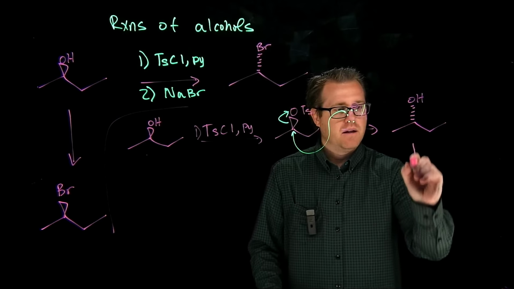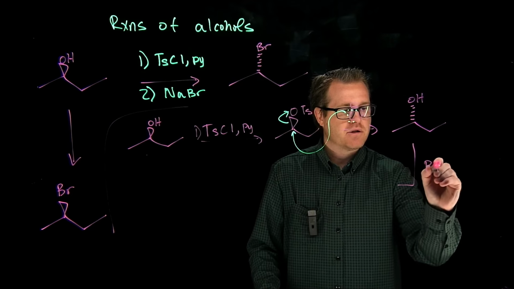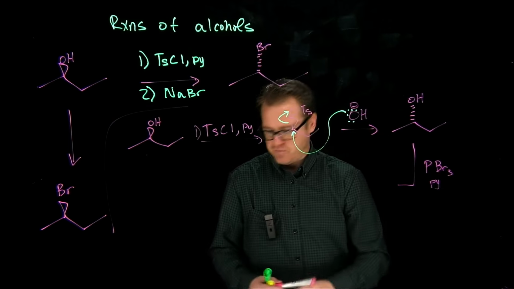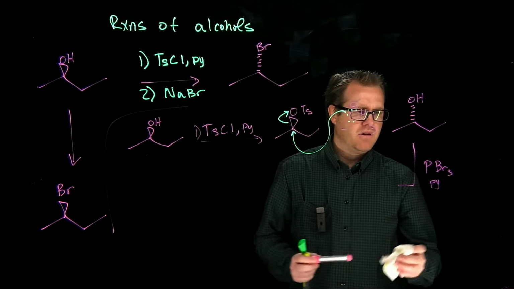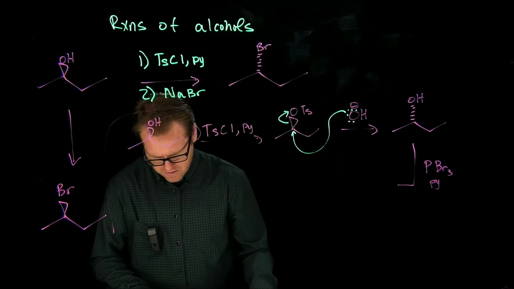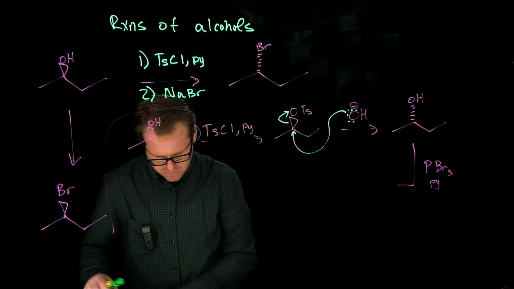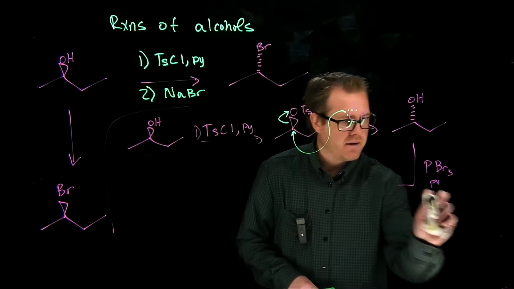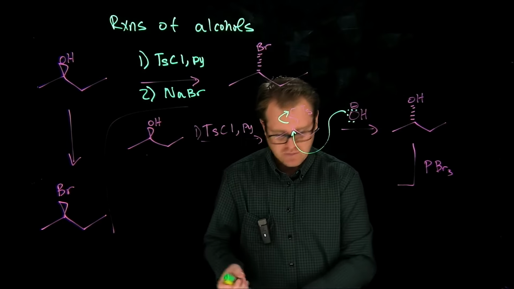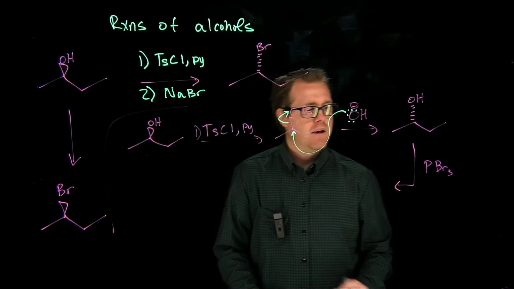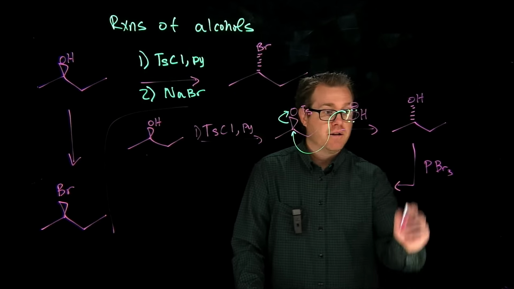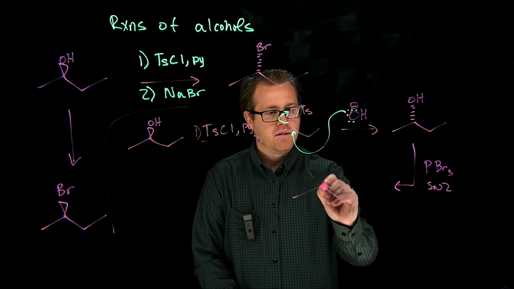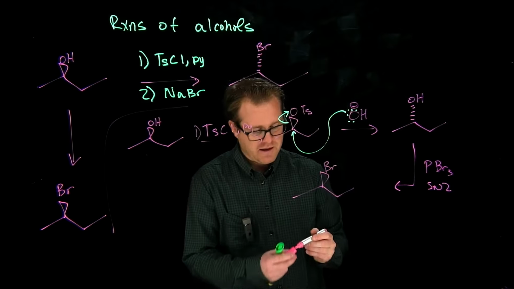And then if we treat that with phosphorus tribromide, we typically don't need pyridine. And then what would that do? That would do another SN2, inverting the stereocenter to give us our bromine like that.